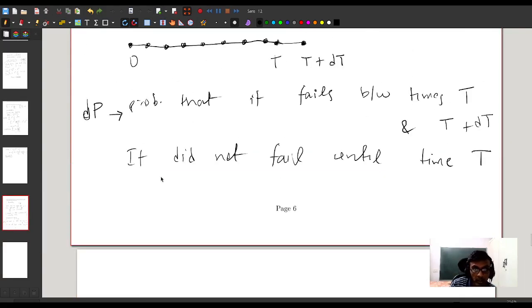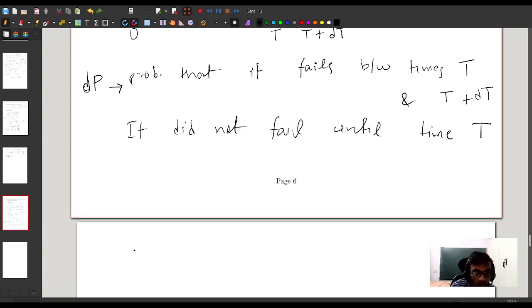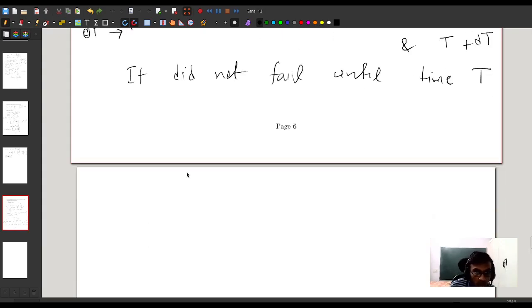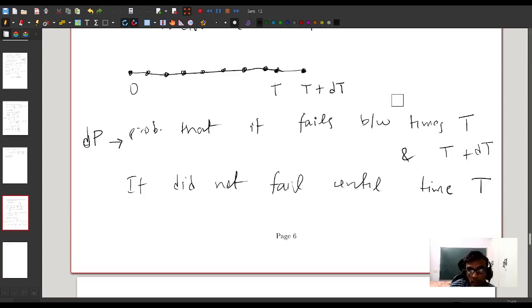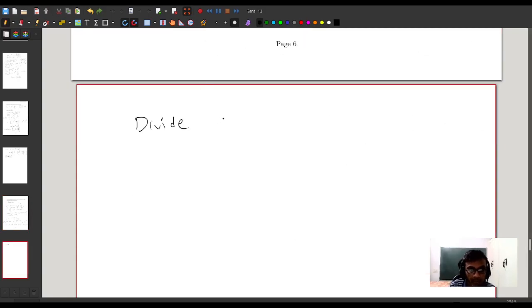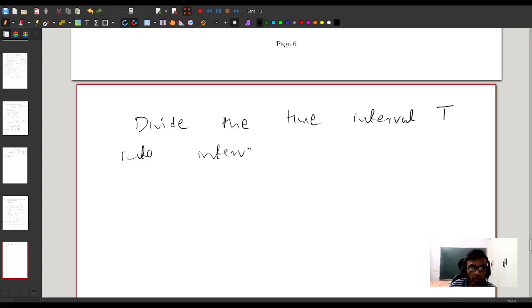So when we think of these intervals, divide the time interval t into intervals of delta t, and we want to take delta t to 0.